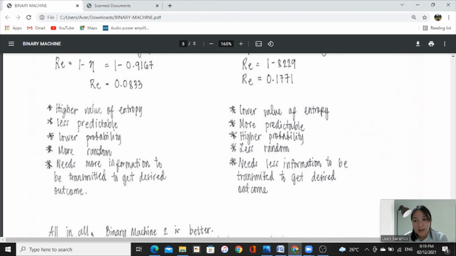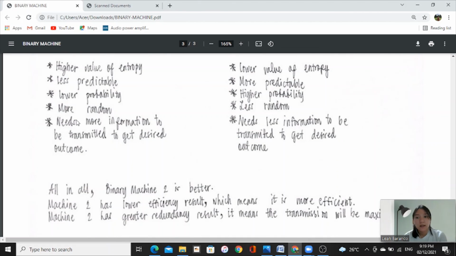Binary machine 1 is low probability and more random. In binary machine 2, it has high probability and is less random. And also, binary machine 1 needs more information to be transmitted to get the desired outcome. And binary machine 2 only needs less information to be transmitted to get the desired outcome.